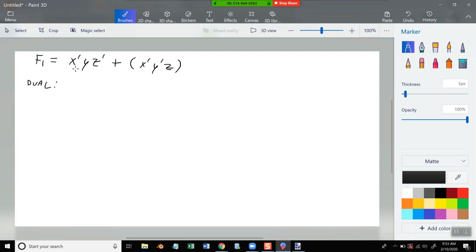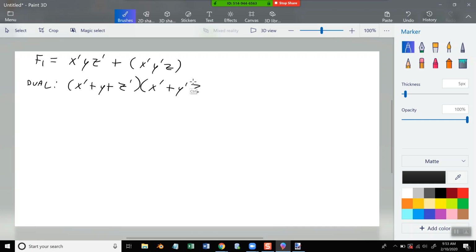Okay, so the dual of that is that this is multiplication, so you can switch it to addition or ORs. This is a plus, so you'd switch that to multiplication, and then this becomes additions.